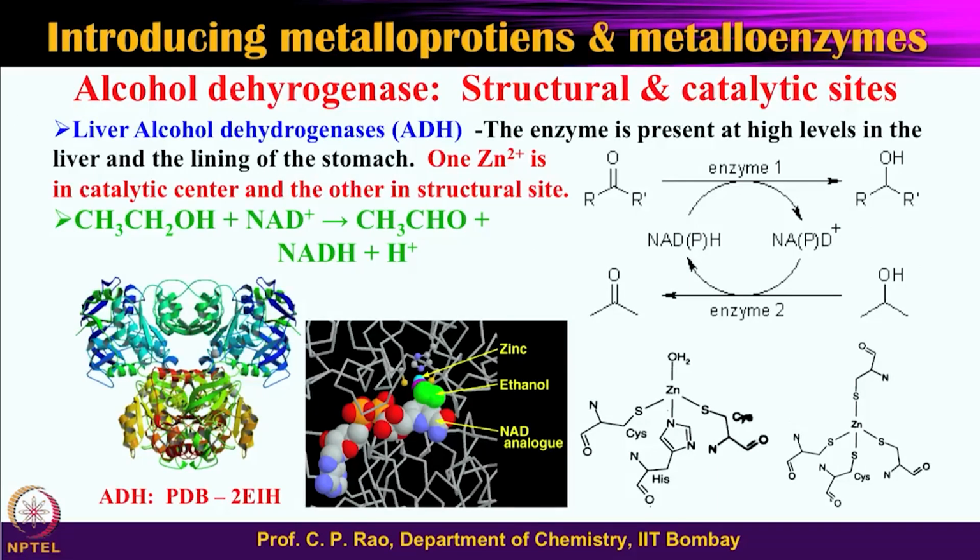The first enzyme is alcohol dehydrogenase. What is this alcohol dehydrogenase and where is it present? It is present in the liver. It is as simple as understanding that when you consume alcohol, you go into another state, but if there is no enzyme, you will not be returned back to the normal state at all.